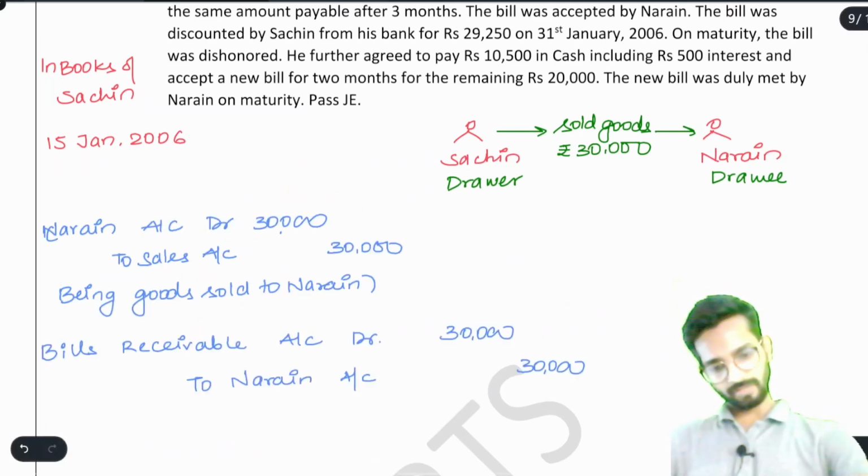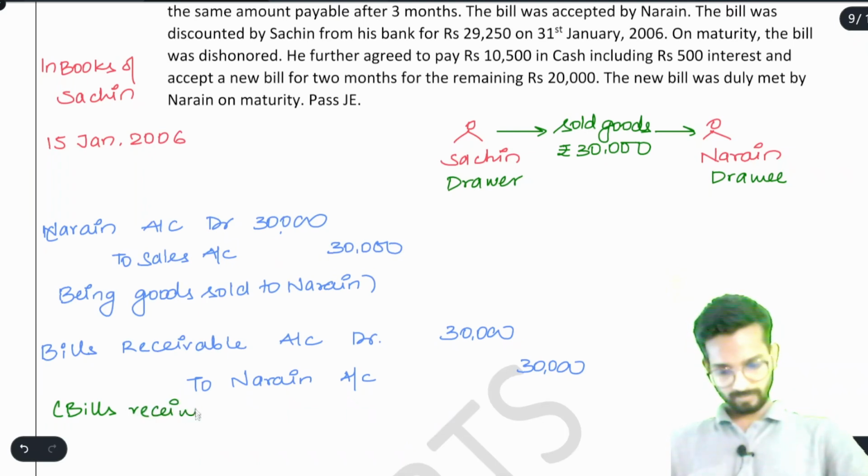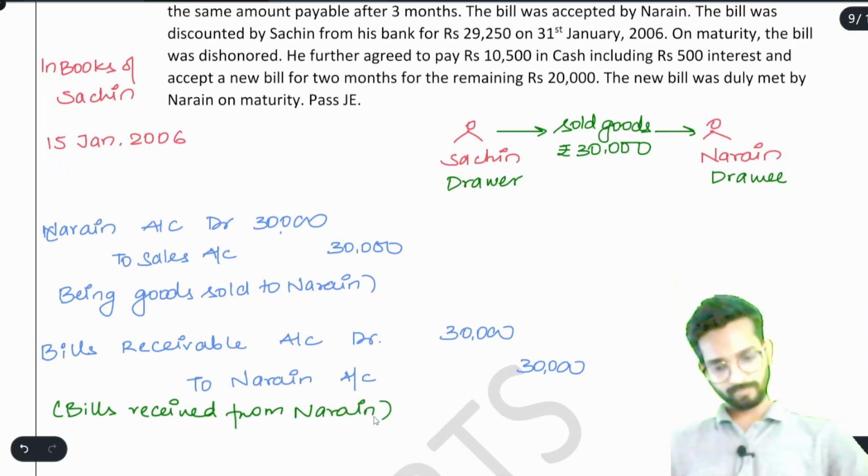After receiving the bill, we can write here bills received from Narayan. Simple enough. All this is happening on 15th January 2006.